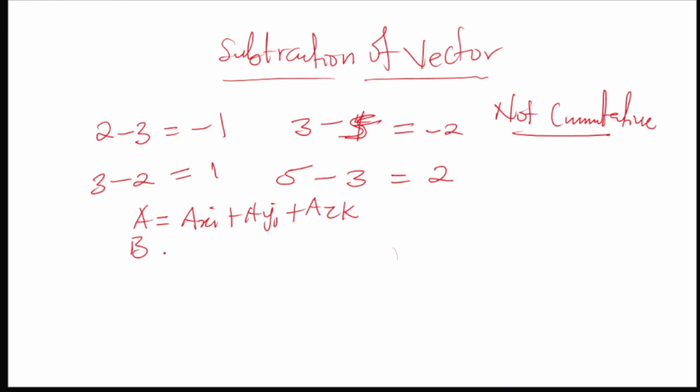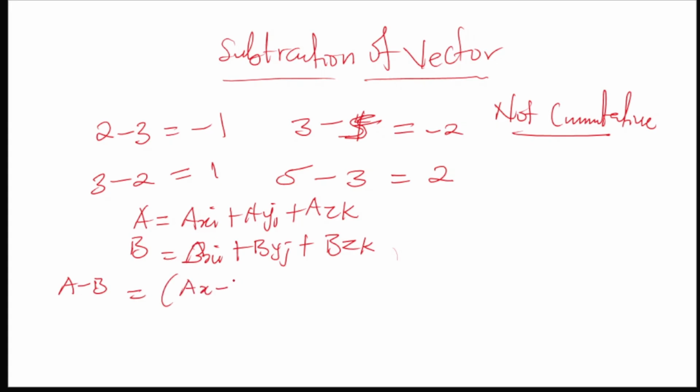We now have B to be equal to BXi plus BYj plus BZk. Now we want to see what A minus B is.